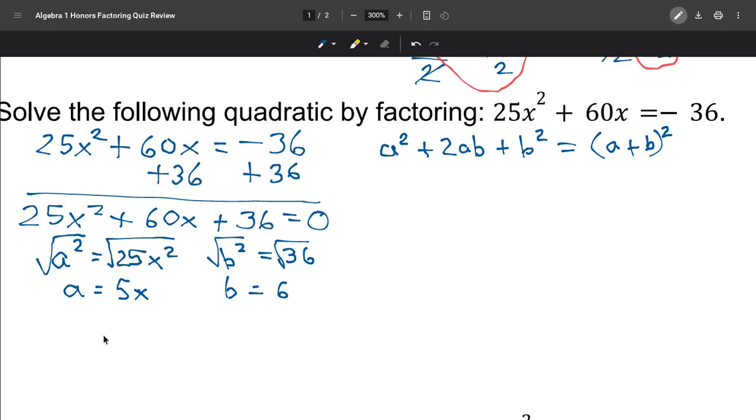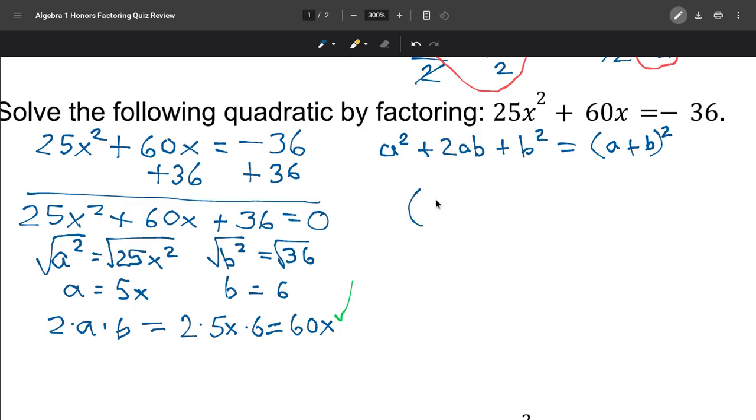All right, so 2ab, so 2 times a times b should equal 60x. So we do 2 times 5x times 6, and that does equal 60x. So we have got ourselves a perfect square trinomial there.